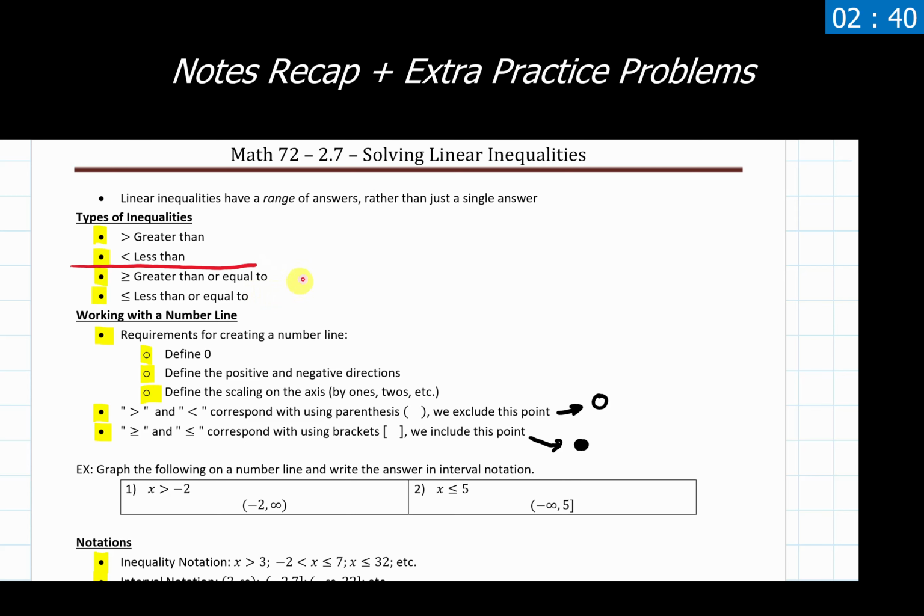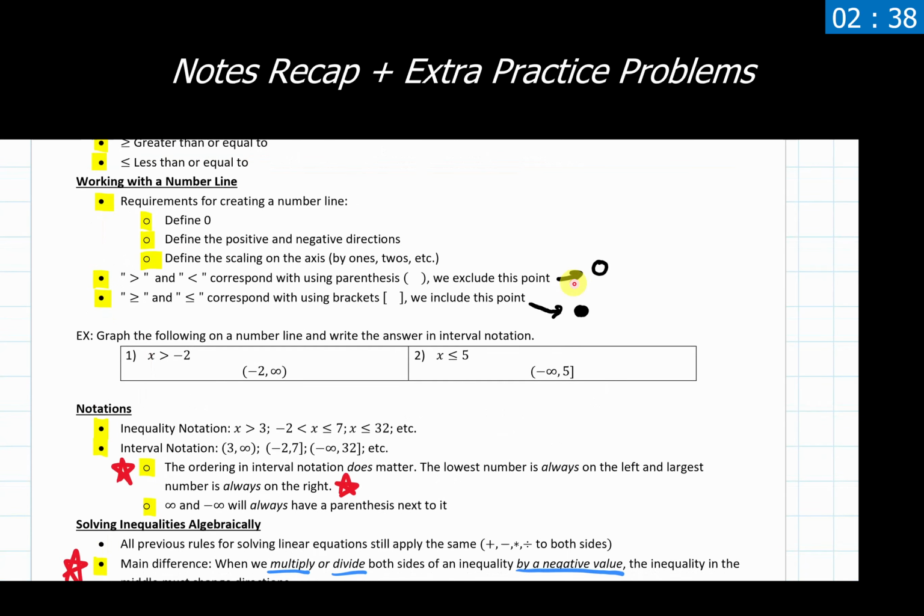We went through how to set up and work with these things on number lines, making sure that we are clearly defining 0, the positive, negative directions, and then scaling the axes. And then we have instances where we are noting when we use parentheses and when we use brackets, depending on the inequality form that's been given to us. Going along with those, we could use open or closed circles similarly in the graphing process.